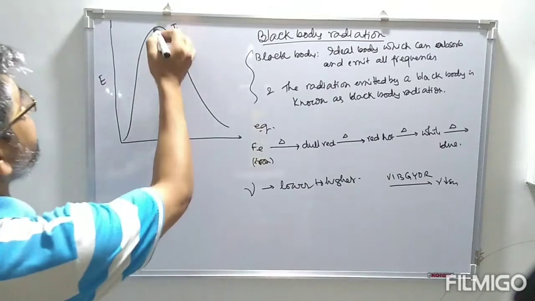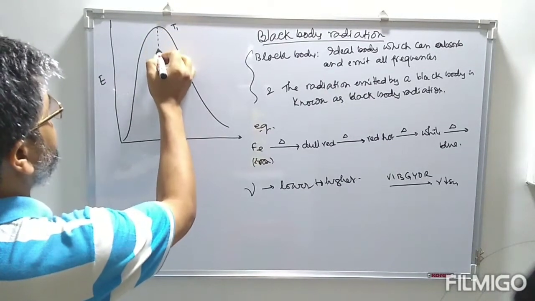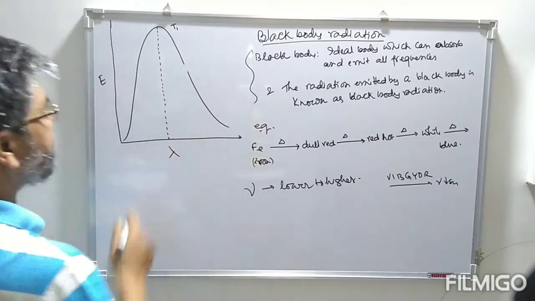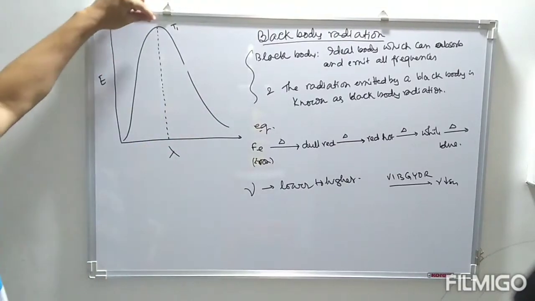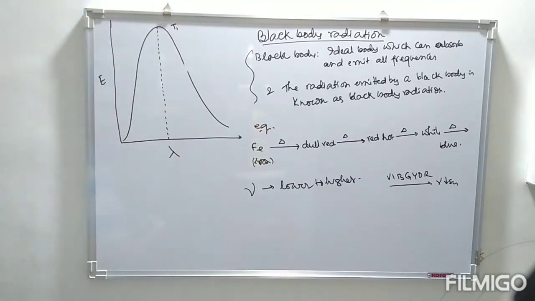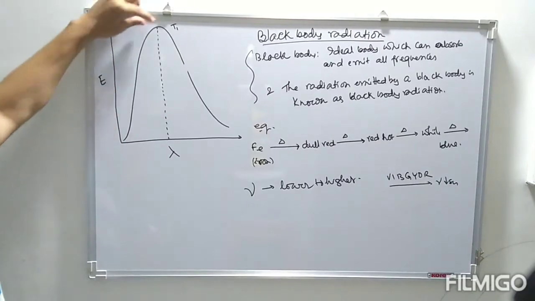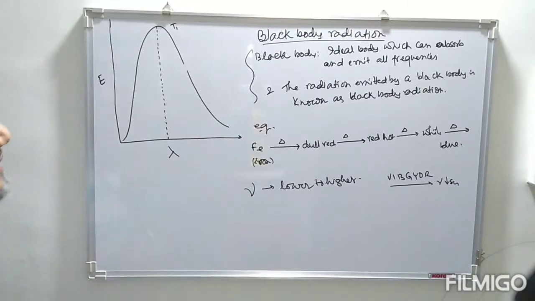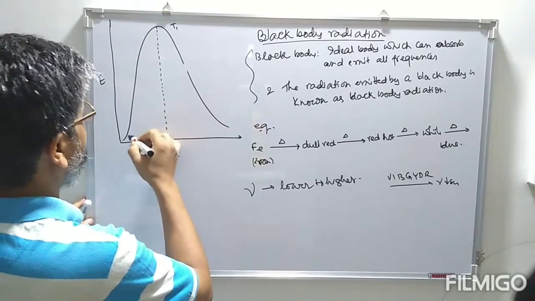At T1 we have this. Now look at this. The distribution is not uniform, but there is a maximum at a particular wavelength, and on either side it falls. So initially the intensity increases, reaches a maximum point, and after this maximum point the intensity decreases again.